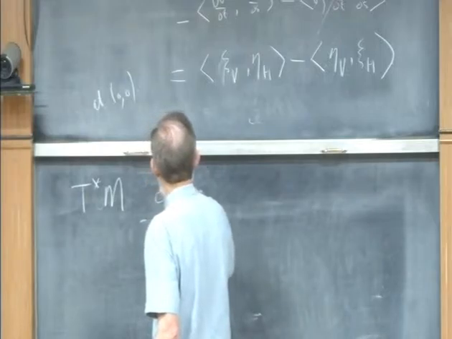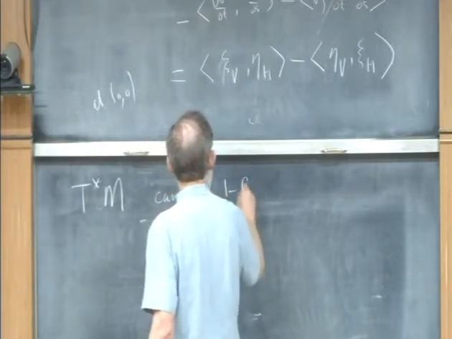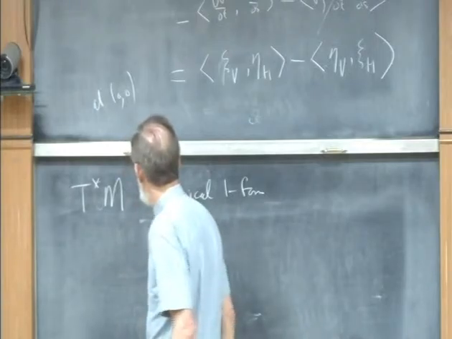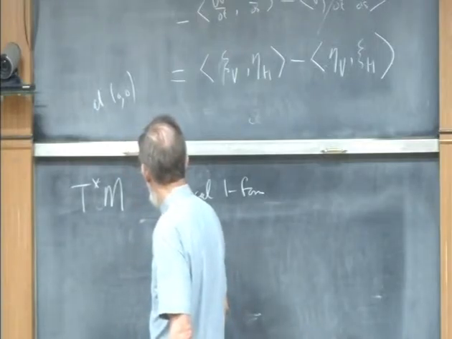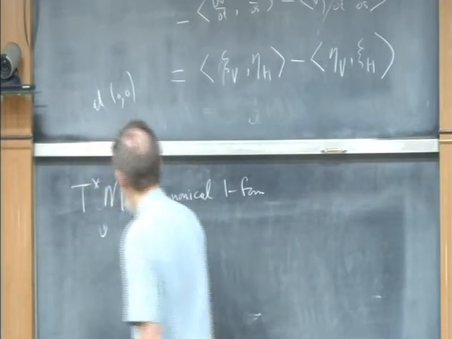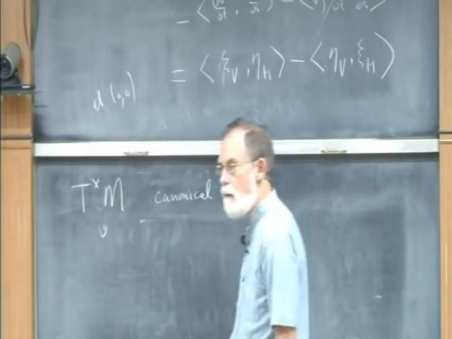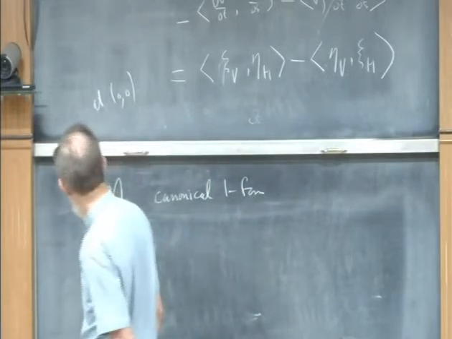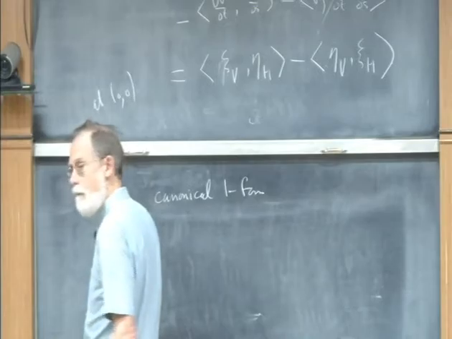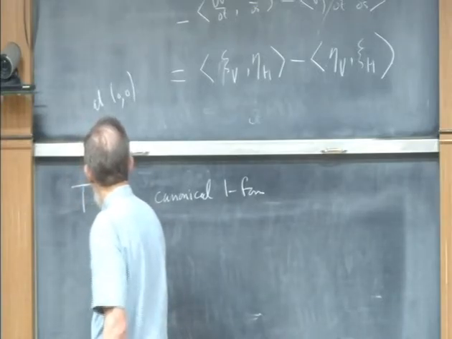You have the canonical one form. So what you do is, if I have, what's a good letter for a covector? V star. V star. Sounds good.